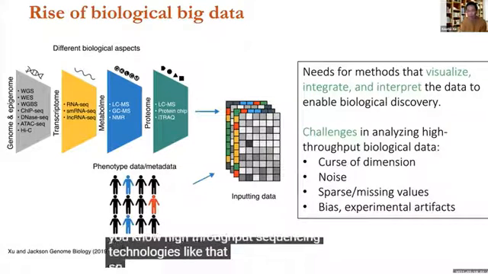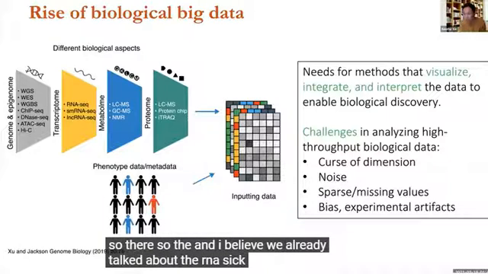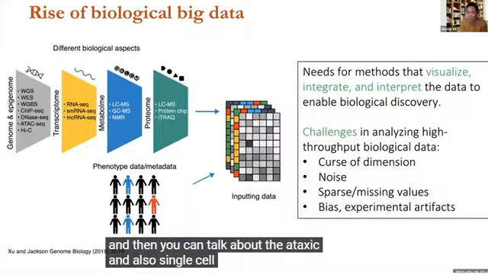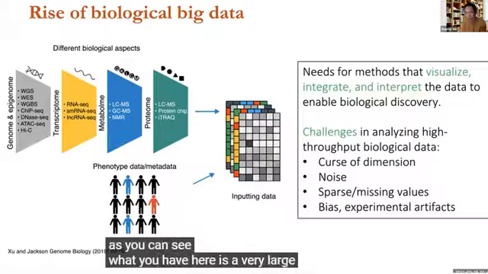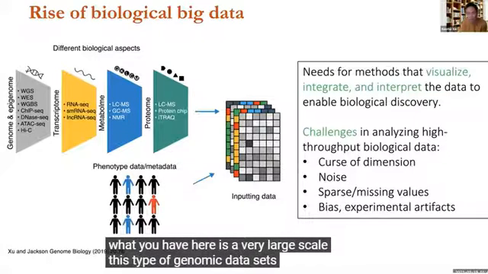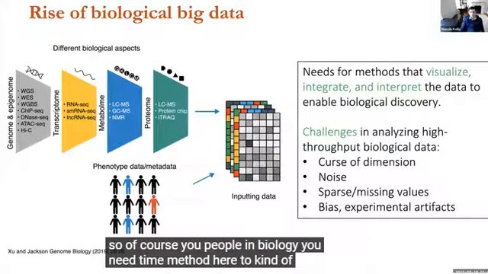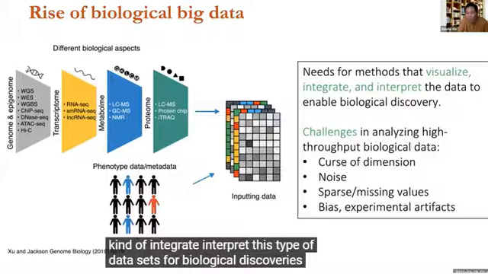I believe you already talked about the RNA-seq, and then you can talk about the ATAC-seq, and also single-cell genomics as well. So as you can see, what you have here is very large scale genomic data sets. So of course, in biology, you need methods here to visualize, integrate, and interpret this type of data sets for biological discoveries.